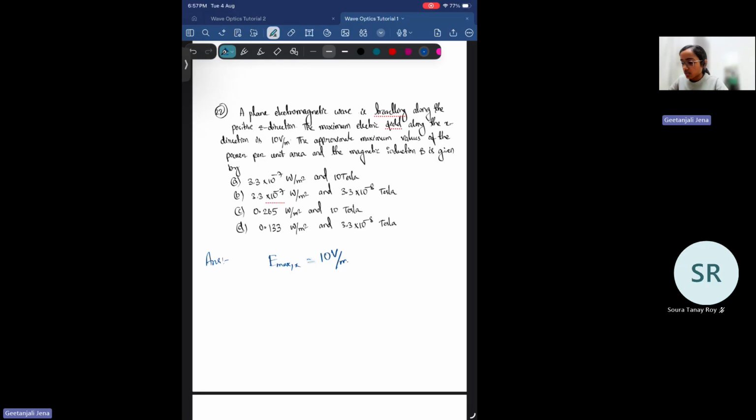What is the approximate maximum value of the power per unit area and the magnitude of the magnetic induction B? So we need to find the maximum value of power per unit area and B max. Calculate it and let me know the answer.